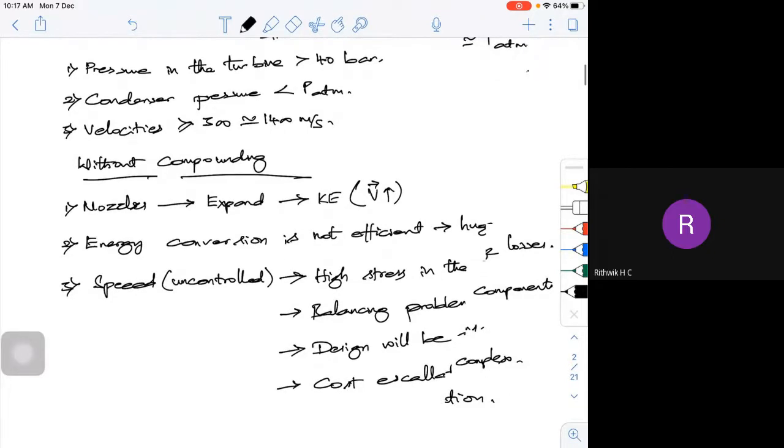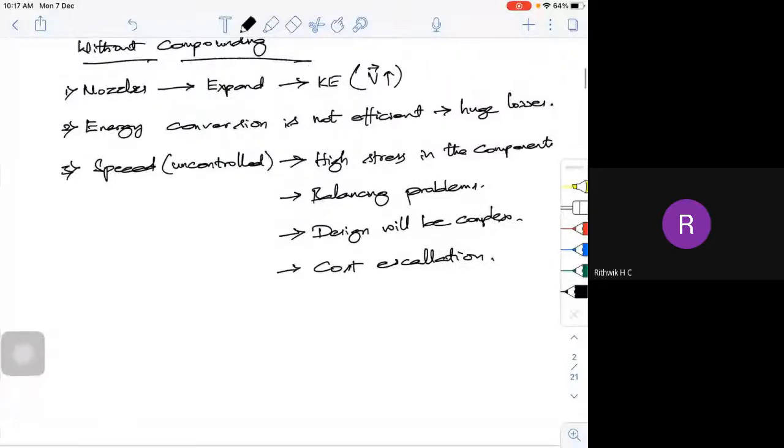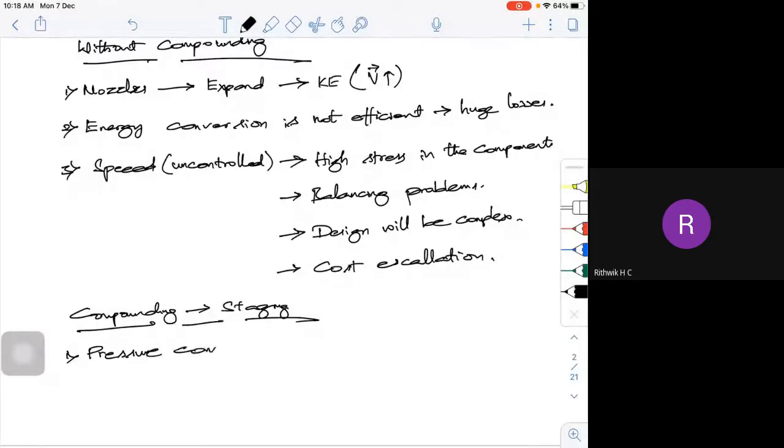Now, when we speak of compounding, which is also called staging, we have three types. One is the pressure compounding.